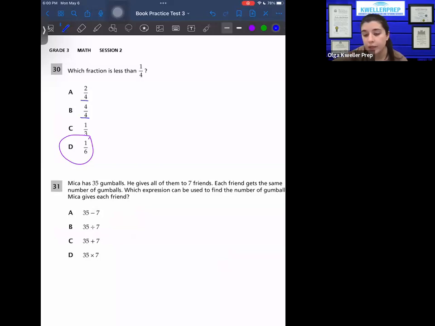When the denominator is the same, to figure out which one is greater or less, we just compare the numerators. So let's write that down. When denominator is the same, just compare numerators for size.